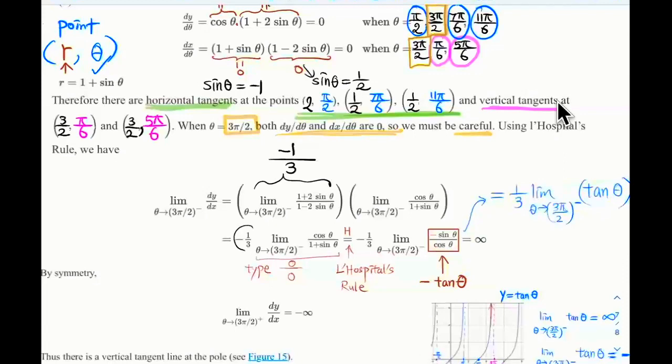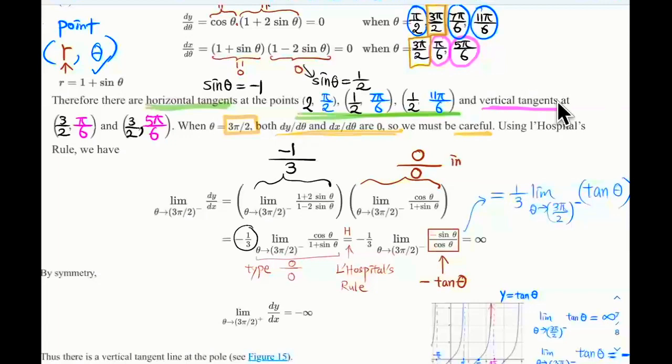What about this one? What's cosine of 3 pi over 2? Yeah, you get 0. And the denominator also gives you 0. When you have a limit of the type 0 over 0, it is what?